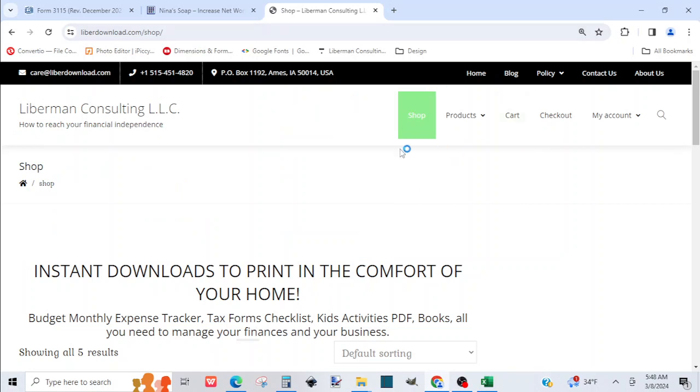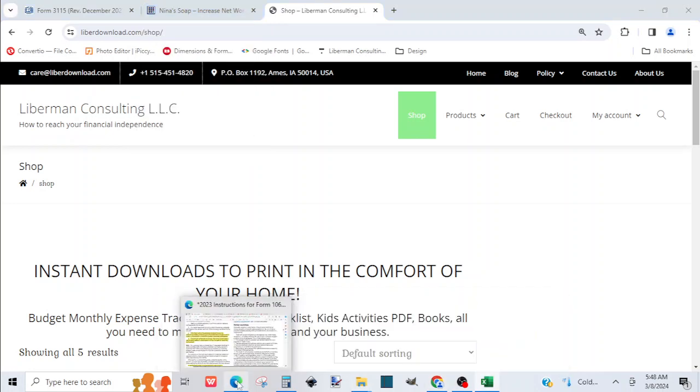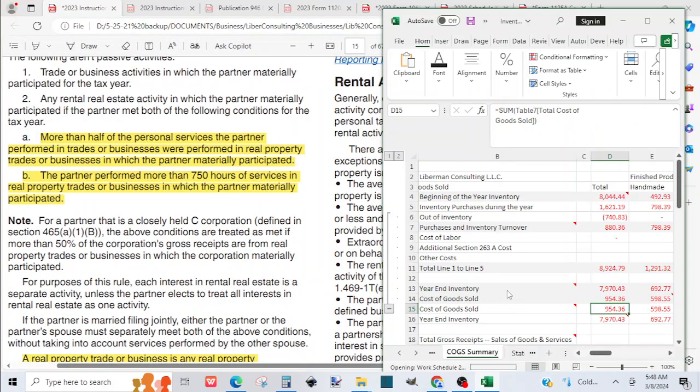And we do have one at Liberman Download for purchase. So let's go back to our record here. We are done with our inventory and sales spreadsheet, so I'm going to close it.